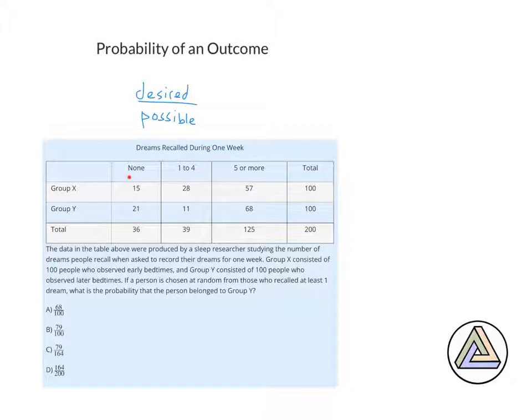This column represents the number of people from each group who didn't recall any dreams. This column represents the people who recalled 1 to 4 dreams, and 5 or more dreams in this column. Please pause the video and try this one. When you unpause it, I'm going to tell you how to do it.